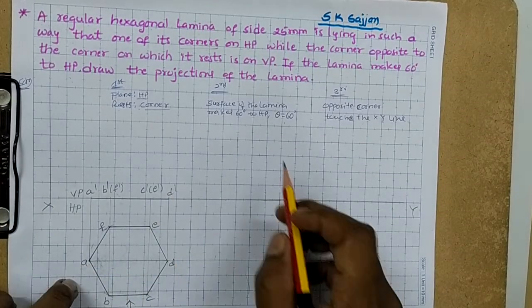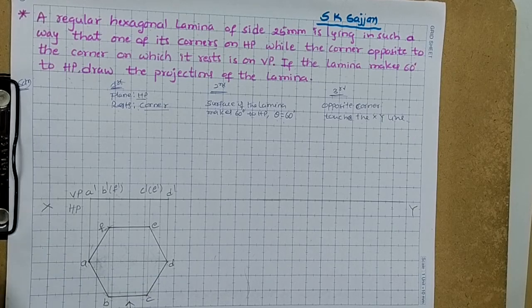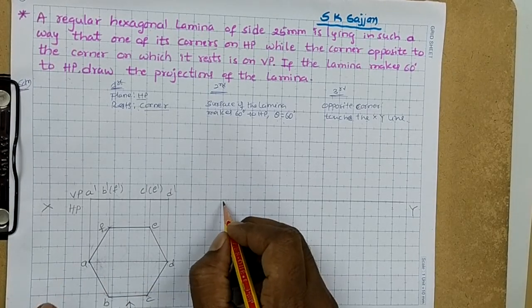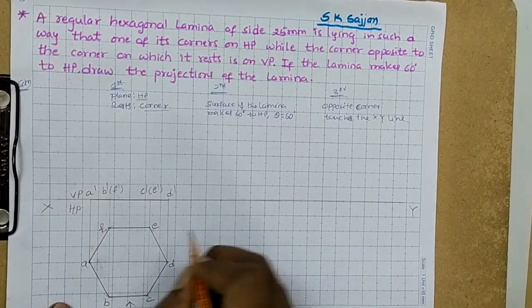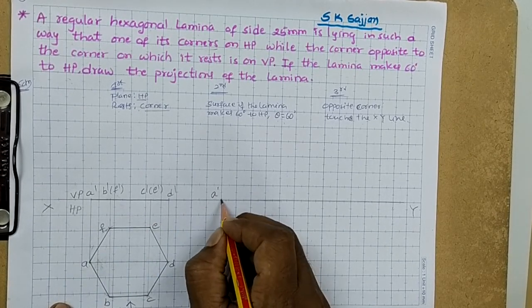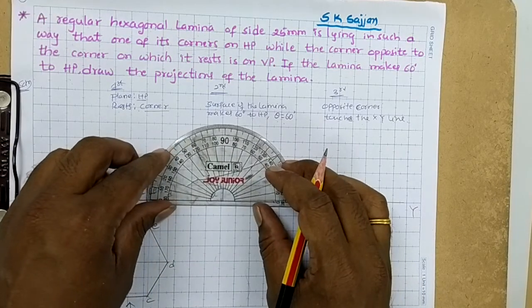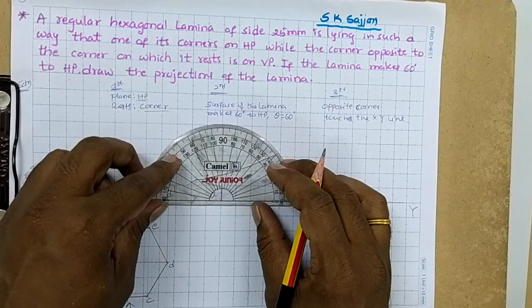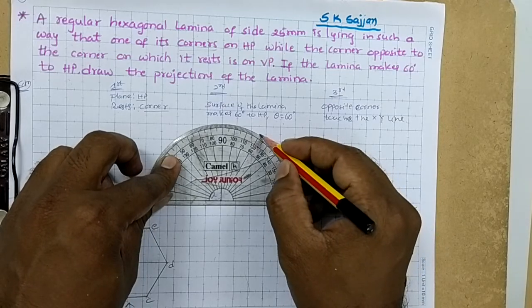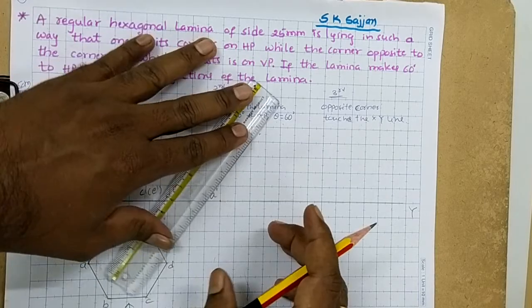For the second portion, theta is directly given. Take 60 degrees. Mark the resting point. Which is the resting point here? A dash is the resting point, mark it A dash. Keep the protractor on point A dash, take 60 degrees and draw the 60 degree line.